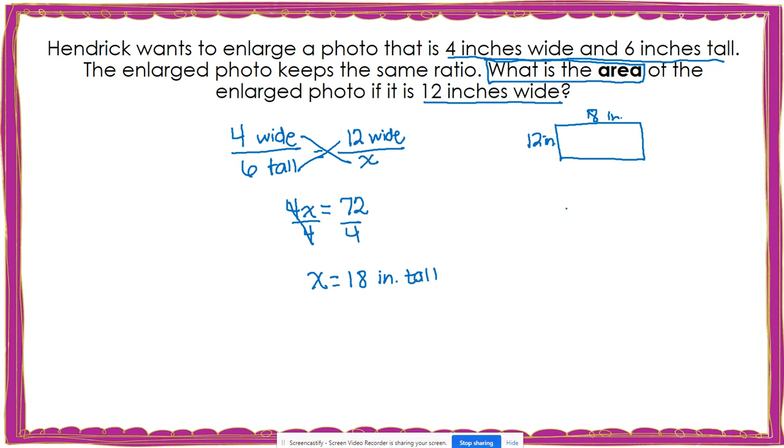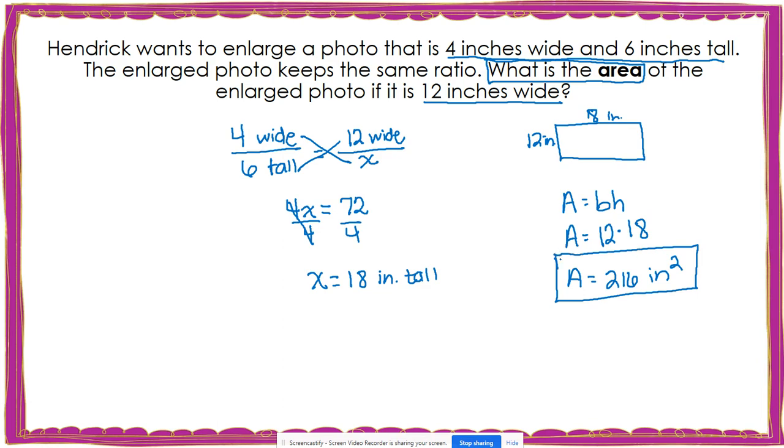To find the area, we would need to use the formula for the area of a rectangle, which is base times height, or length times width. So to find the area here, we're going to multiply 12 times 18. When I multiply 12 times 18, I get 216. So the area of this enlarged photograph is 216 square inches.